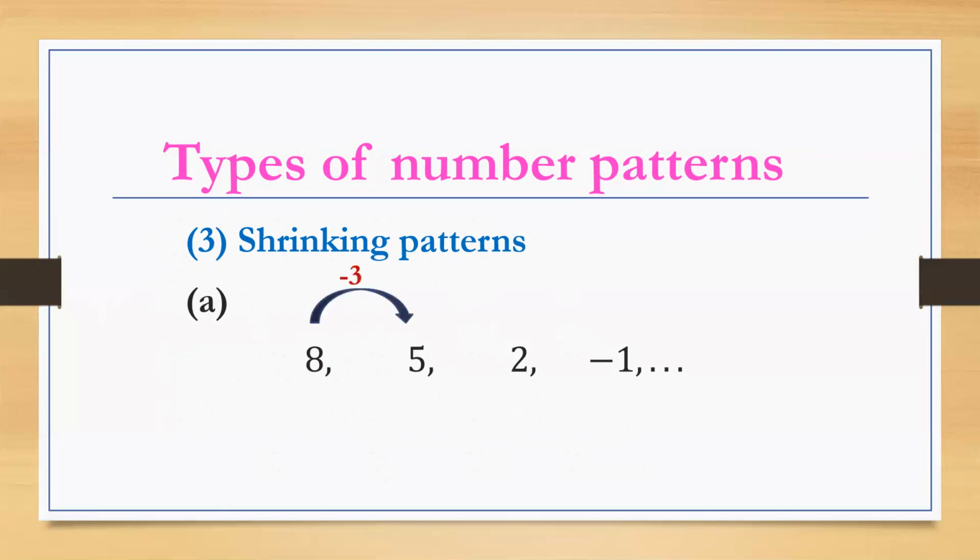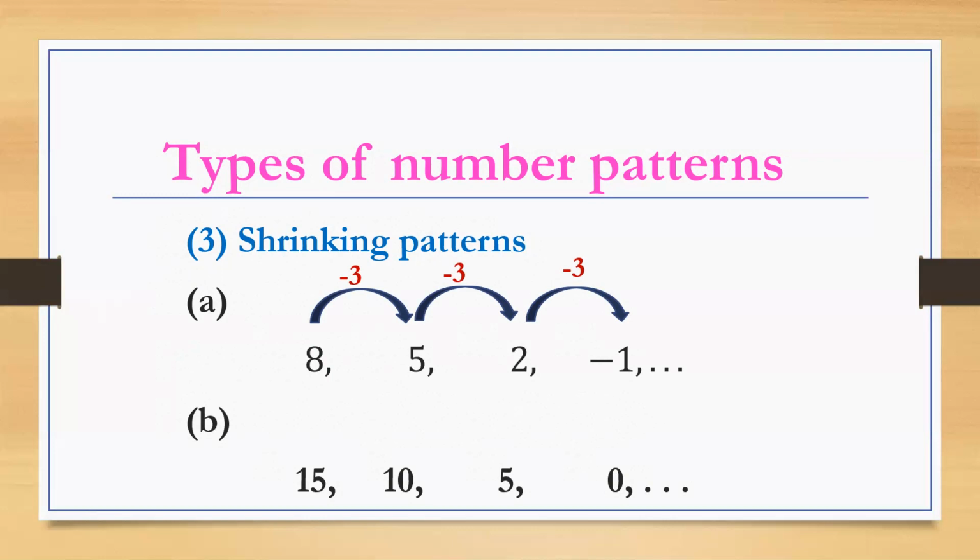In fact, we are subtracting 3 to get the next term. So we have to subtract 3 to get the next term. Part B, 15, 10, 5, 0. So here also we have a shrinking pattern because the numbers are decreasing, and we have to subtract 5 to get the next term.